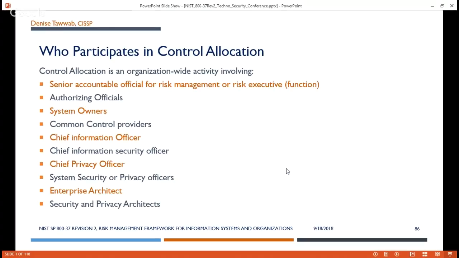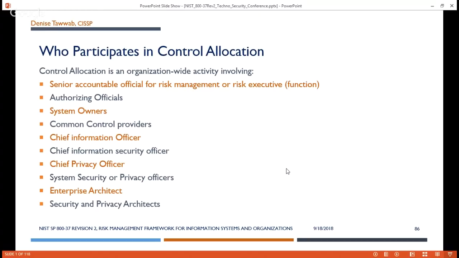So, who participates in control allocation? Let me first give you an example of a common control. The easiest example is your physical security. You have systems that need to be behind locked doors. So you already have, say, the fence around the building.